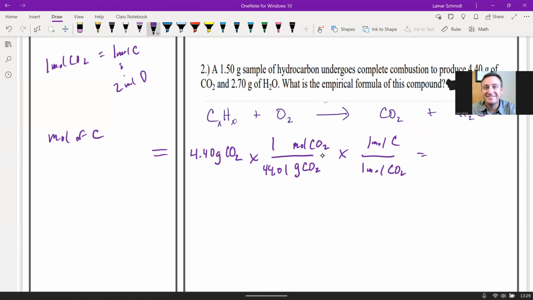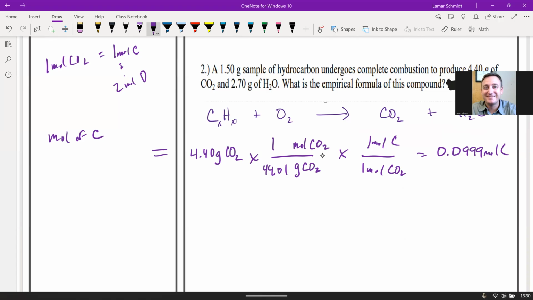So now we do this. What does this come out to be? 0.0999 moles of carbon.